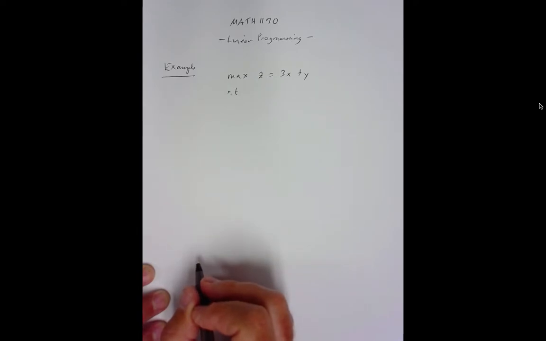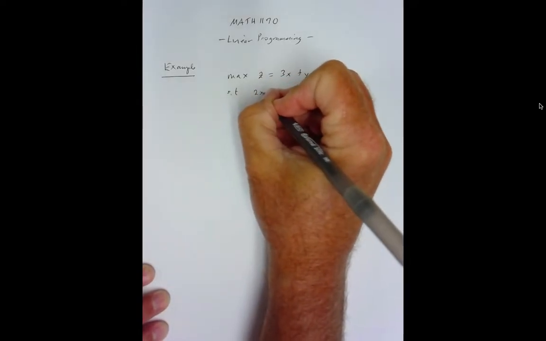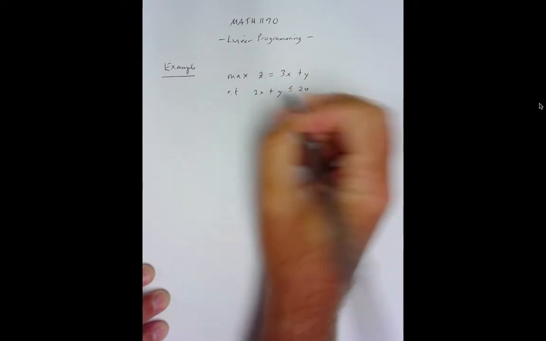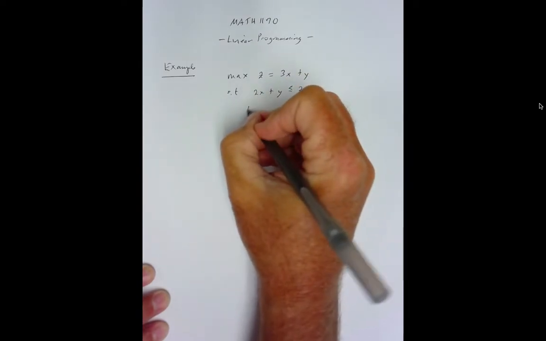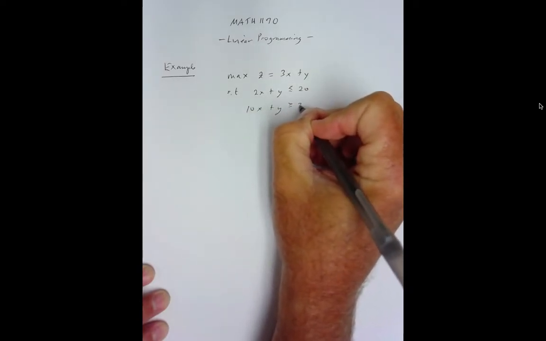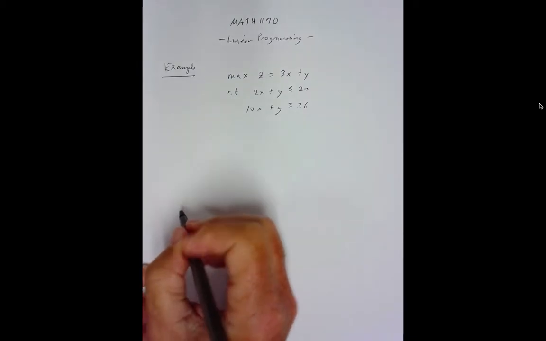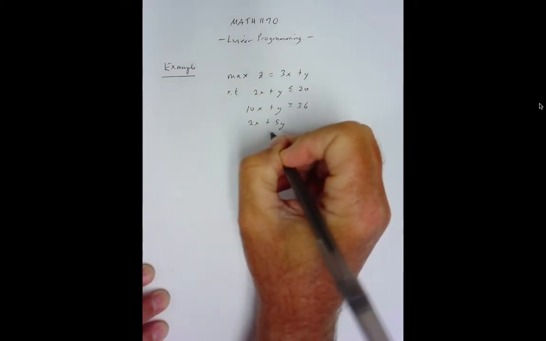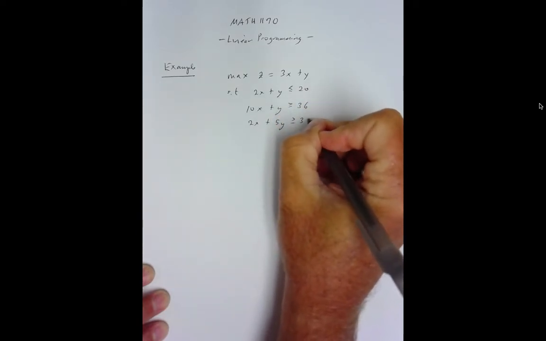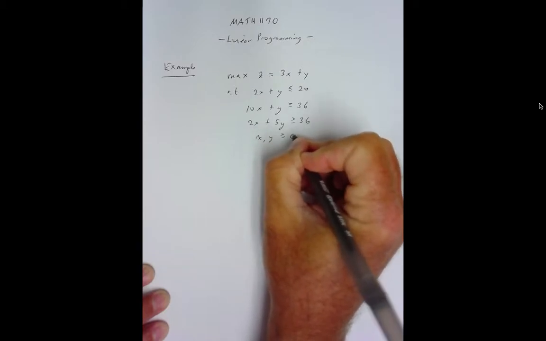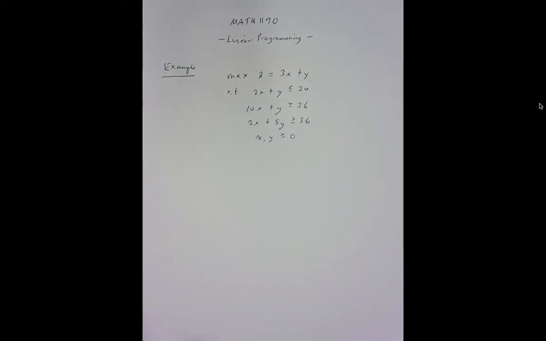The constraints are 2x plus y less than or equal to 20, 10x plus y greater than or equal to 36, and 2x plus 5y greater than or equal to 36, and of course x and y both must be positive.